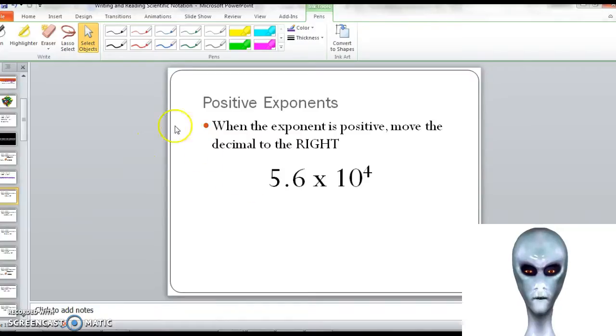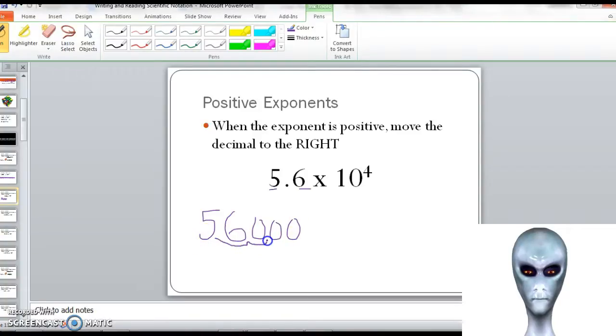Okay, so we're going to write 5.6 times 10 to the 4th power in standard form. What I like to do is write the numbers down that are given to me, 5 and 6. My decimal point would be here. I have to move it 4 times. So 1, 2, 3, 4.